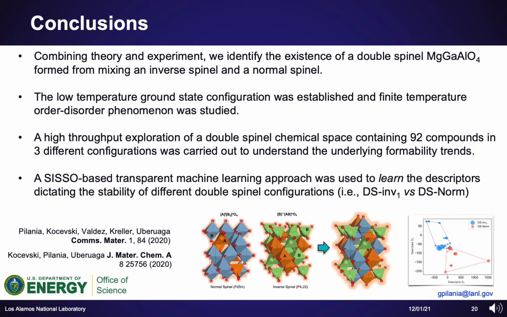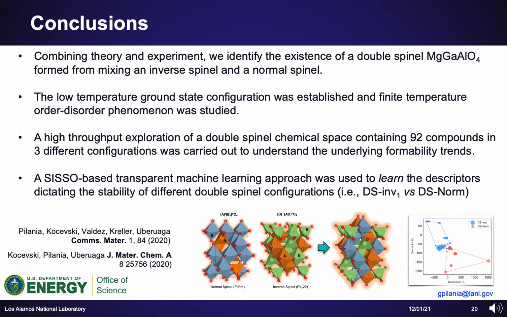To summarize, we used both theory and experiments to identify the existence of a double spinel magnesium gallium aluminum oxide formed from mixing an inverse spinel and a normal spinel, and studied its finite temperature properties using Monte Carlo simulations built on a cluster expansion based effective Hamiltonian model.